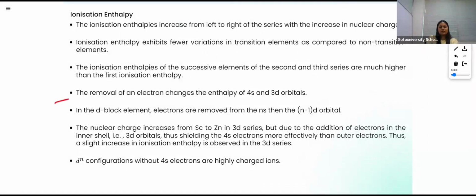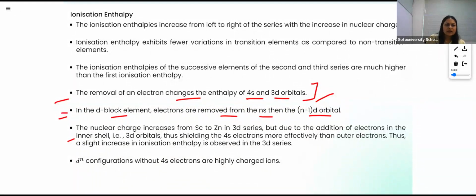The removal of electron changes the enthalpy of 4s and 3d orbitals. This is clear, right? As we remove the electron, it will change the enthalpy of 4s and 3d orbitals, right? In the d block, electrons are removed from ns, then the d orbital.